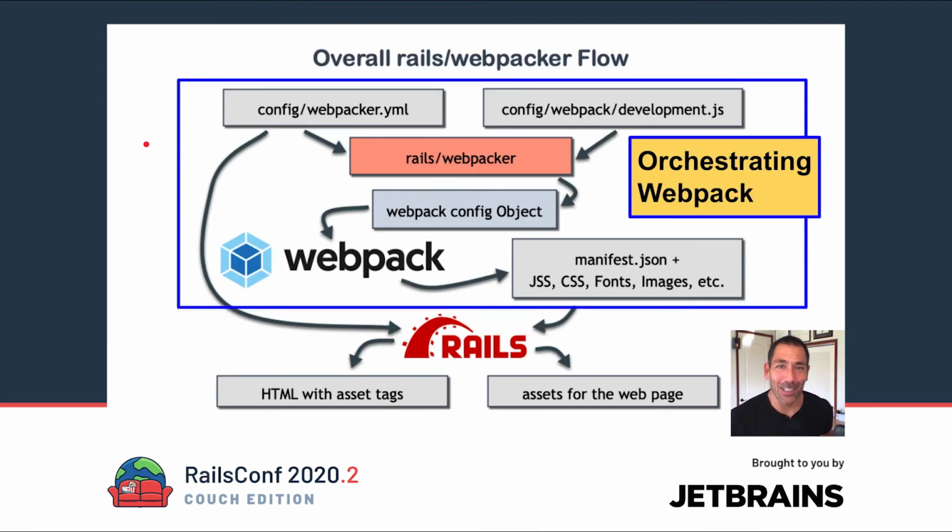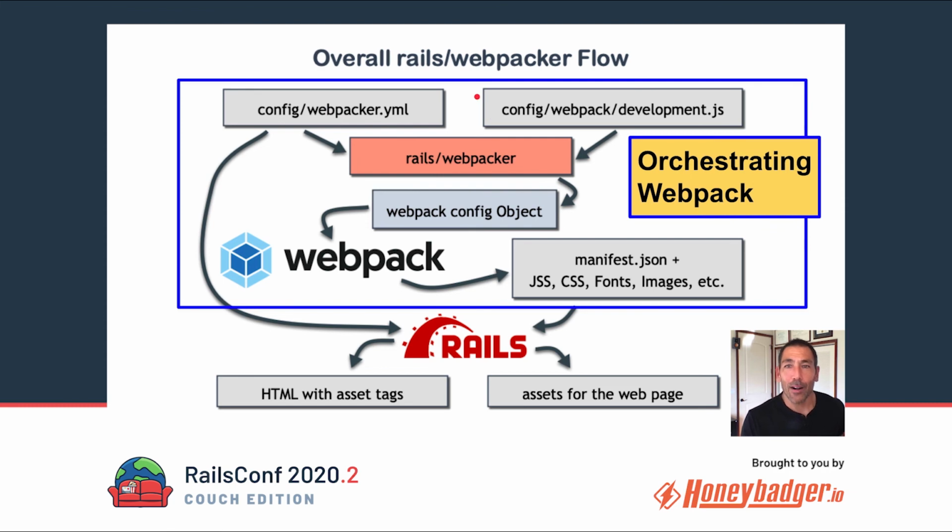Well, congratulations. You've just about made it to the end of my Rails Webpacker presentation. So I want to give you a real brief summary again of what this is all about. First of all, the main parts of the overall flow are the config Webpacker YAML file. That file is special because it contains values that are read by both the Ruby on Rails server and also the JavaScript code that configures this Webpack config object.